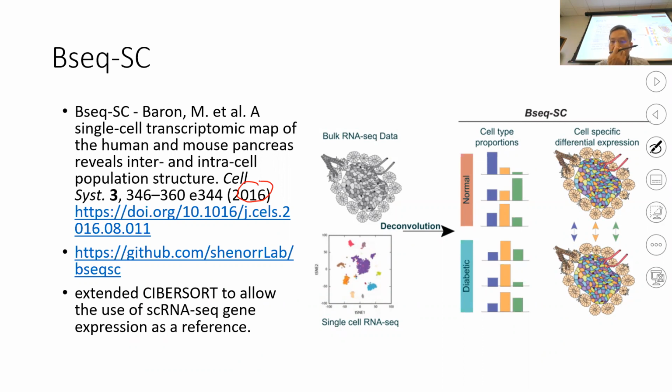So you can add those components as a dictionary, a support library, to extend the CIBERSORT functionality to be able to use single cell RNA-seq data to get different cell type expression components.